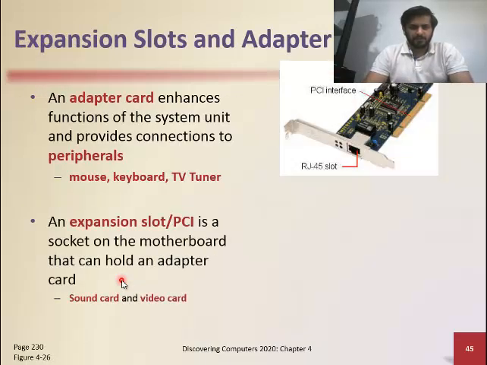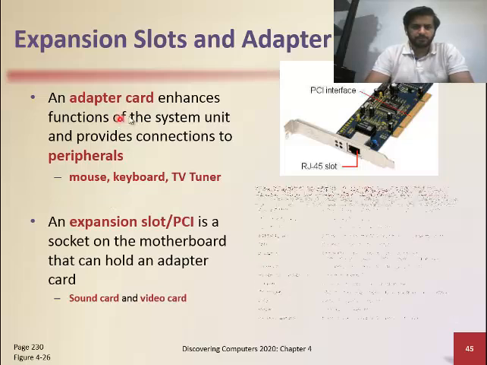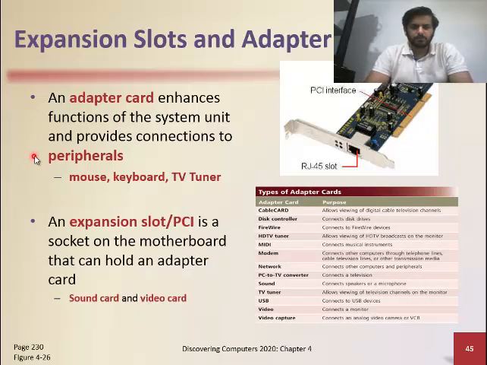Okay, the next topic is extension slots and adapter cards. An adapter card basically enhances the system capabilities, and that is our external card. With the help of the extension slots, these adapter cards can easily be inserted into the motherboard and provide connectivity to the preferred devices.